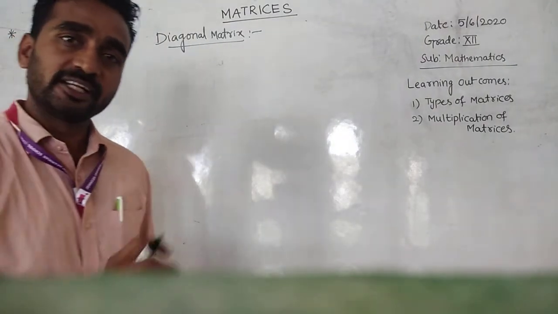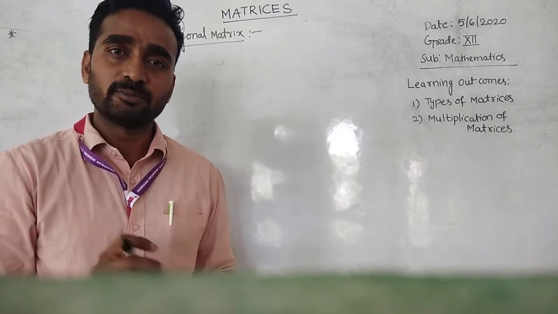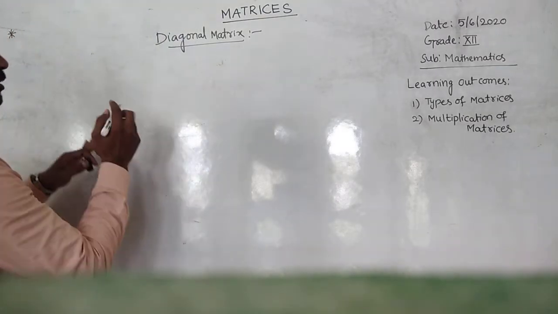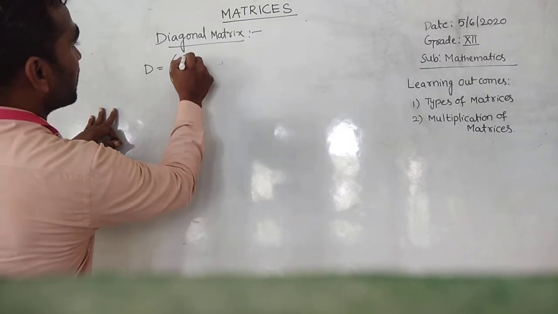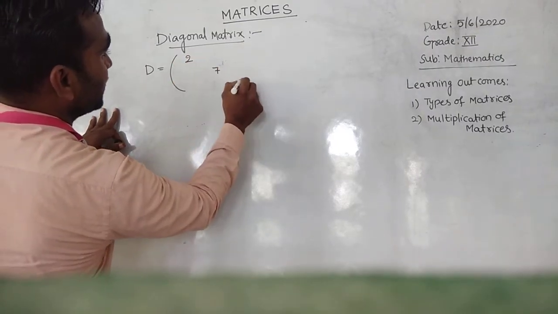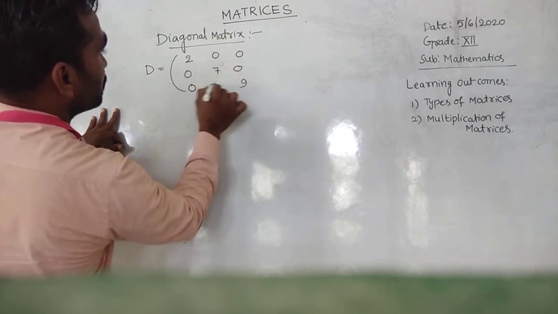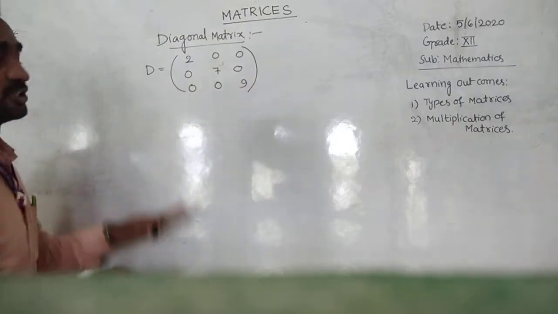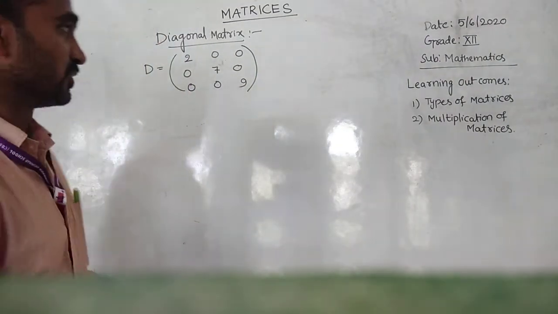If the principal diagonal elements are non-zero and the other elements are 0, the matrix is said to be a diagonal matrix. See here the matrix B: the principal diagonal elements are non-zero, 2, 7, 9, and the other elements are 0, 0, 0. So this is said to be a diagonal matrix.